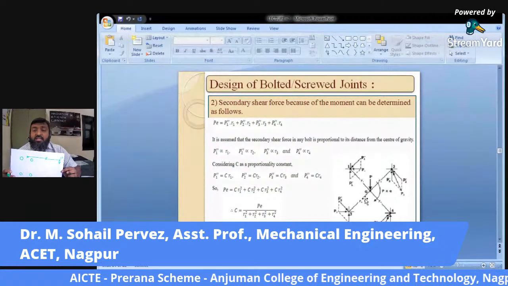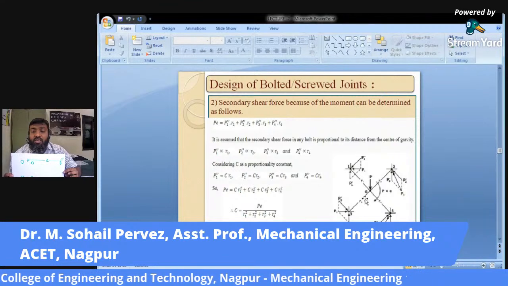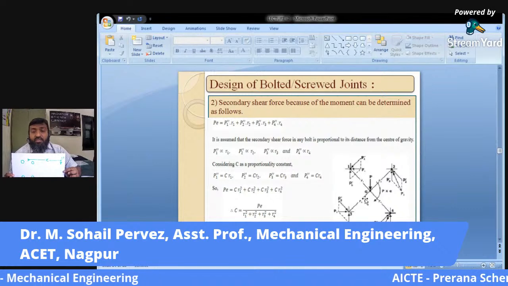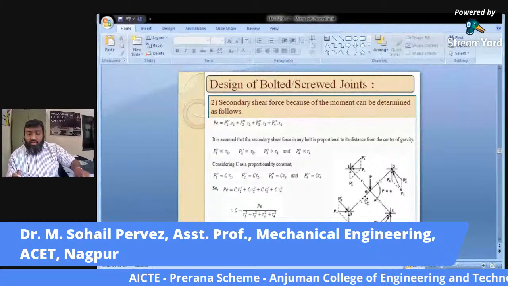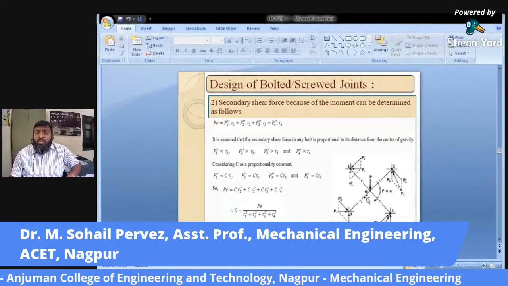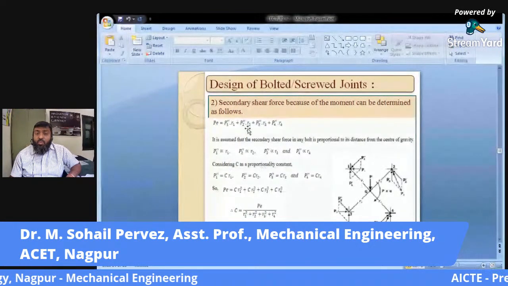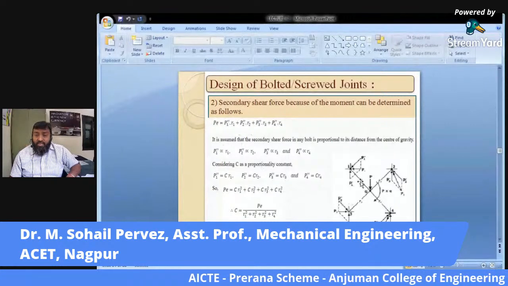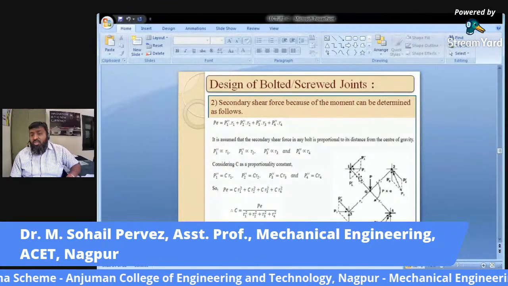Now in that case, it is the bounden duty of each and every bolt to resist that overturning. It means that these bolts or these rivets, one and the same thing, if it is eccentric, will try to resist this turning effect or turning moment. That's why it is equated. R1, R2, R3 and R4 are the respective distances of these bolt centers from the CG of the system.